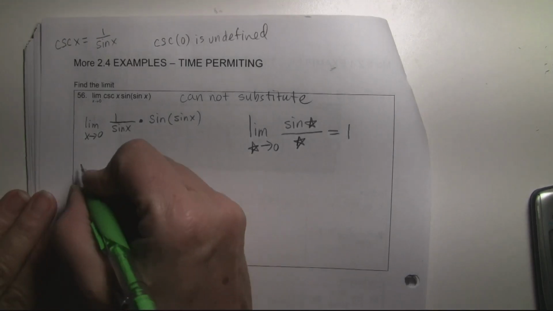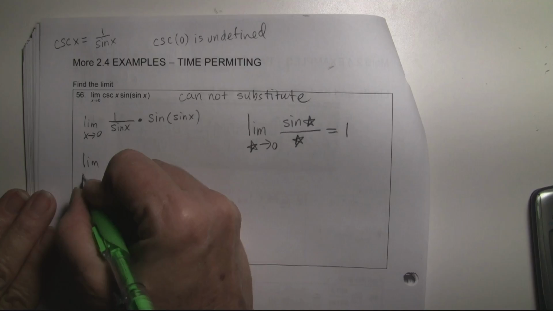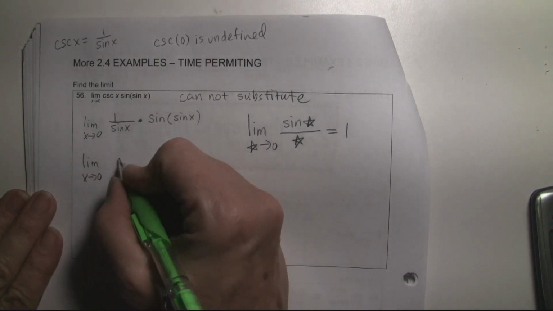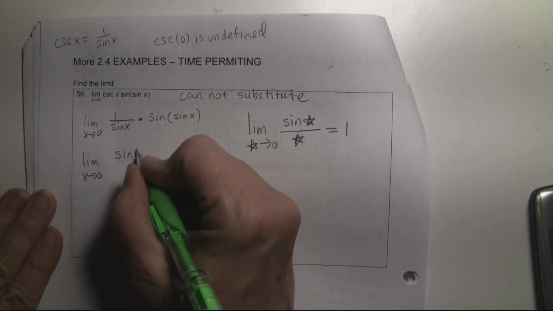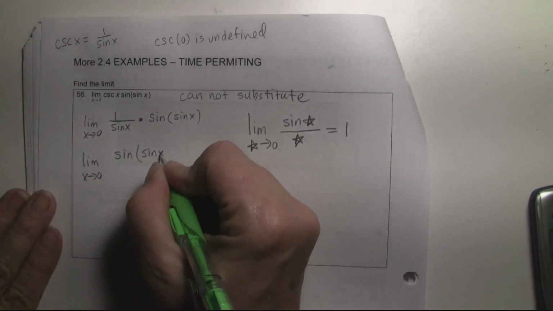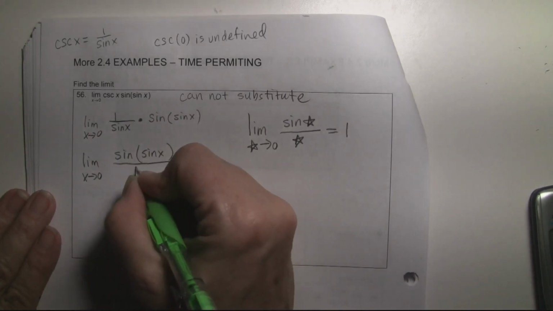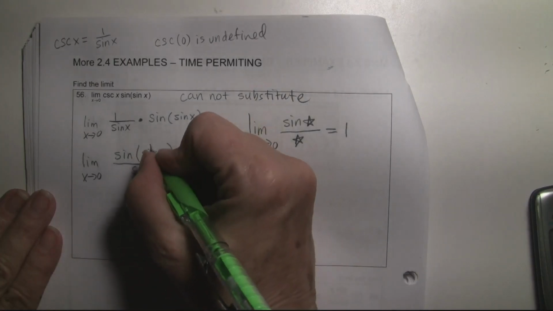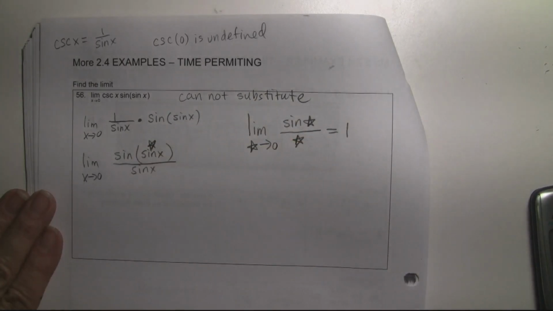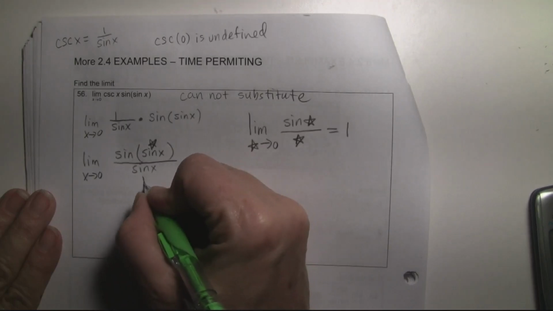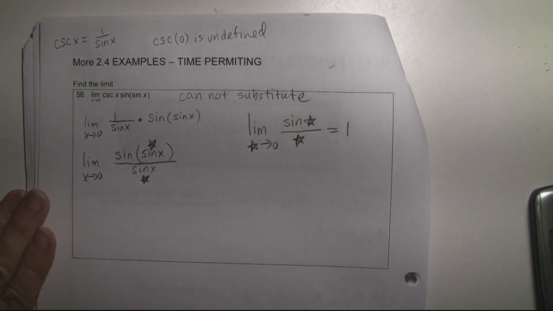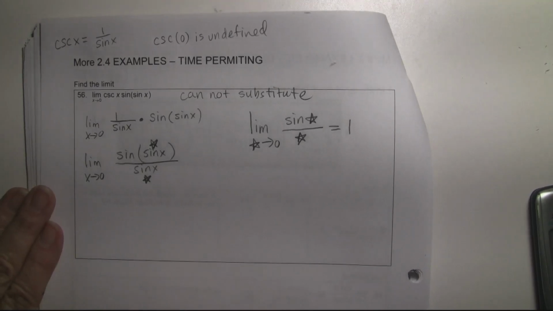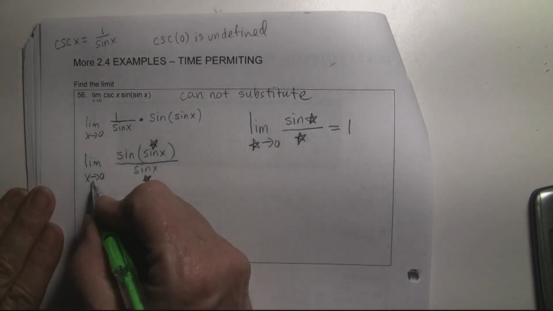So when I look at this, I have the limit as x goes to 0, and what I have here is sine of x over sine of x, right? If I just put together what I have. So this is my star. That's my input right there, and look what I have in the denominator. Oh, that's what I wanted. Now all I have to do is make sure that out here I have that as well.